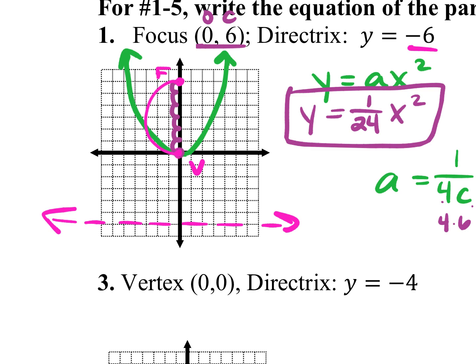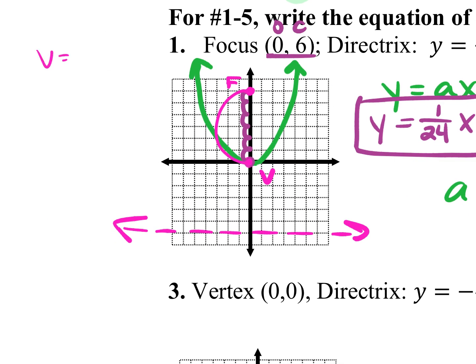Now, if you know your vertex is at 0, 0, then your focus, for a parabola that opens up or down, right, is 0, C. But if it's going to open left or right, then it's C, 0. So the C in the focus is what you just plug in? Yes, the distance to the focus. If it's 0, 0, which is not always 0, 0, right? The vertex is not always 0, 0.